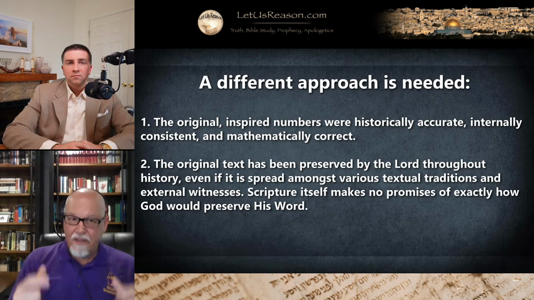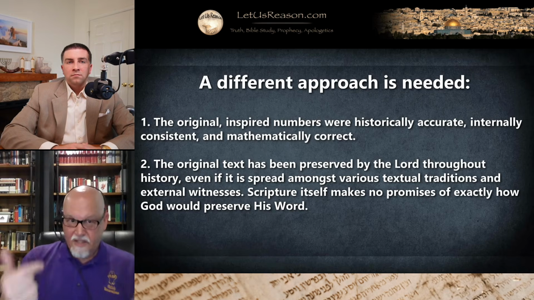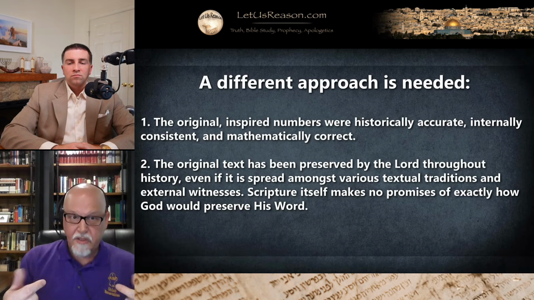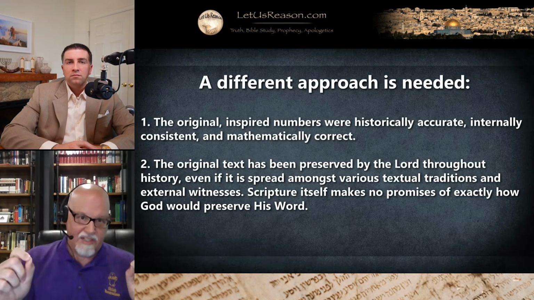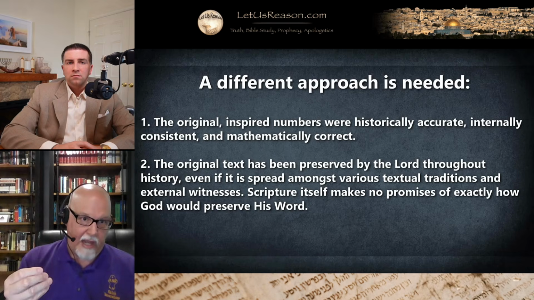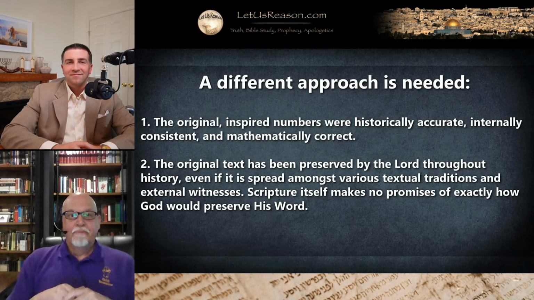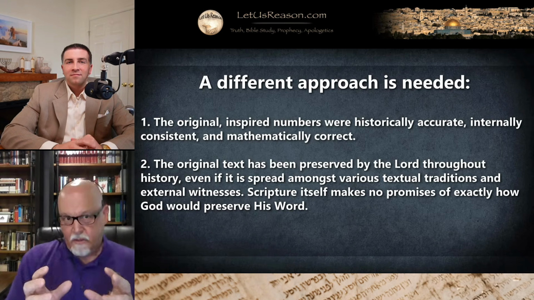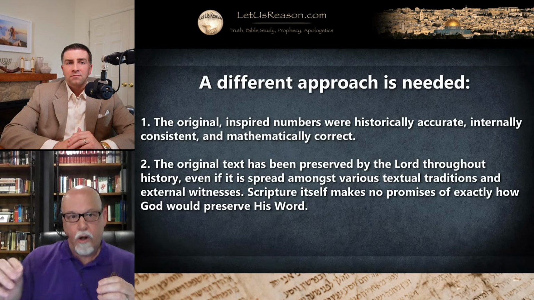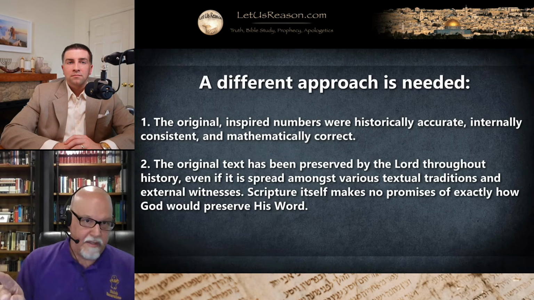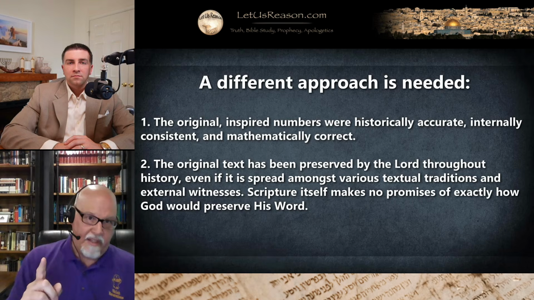And so while this can be sort of unsettling for some Christians, because we all want a straight line from the original author to the Bible we have in our hands today, everybody wants a simple Bible that fell out of the sky, like the Quran, or supposedly the Quran, right? But I view this a little differently. My view is God preserves his word through the complexities of history, so he's the only one that gets the glory for preserving it.